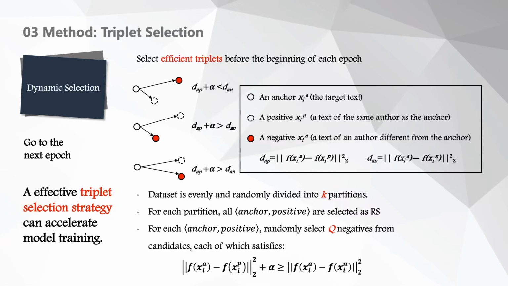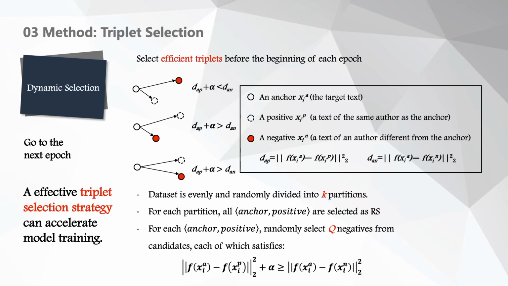To accelerate model training, we implemented a method called dynamic selection. Firstly, we evenly and randomly divide the dataset into several partitions. For each partition, we select an anchor positive pair, like the random selection strategy, and for each pair, we pick the negative candidate that satisfies the following equation.